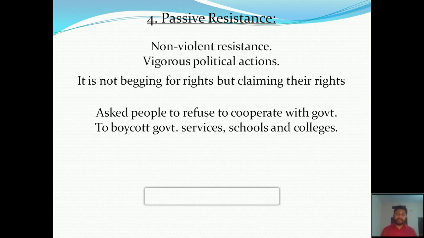So that's why the leaders told every different sector of society that they can contribute something from their side. Make some sacrifices for your country. You may be thrown out of your job, you may get fired from your office, but don't worry about it. You also have contributed something for your nation. Again, they demanded to boycott government services, schools and colleges.